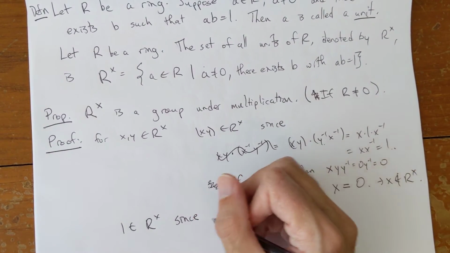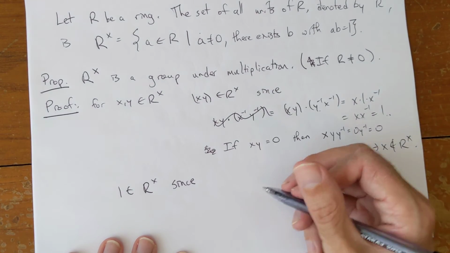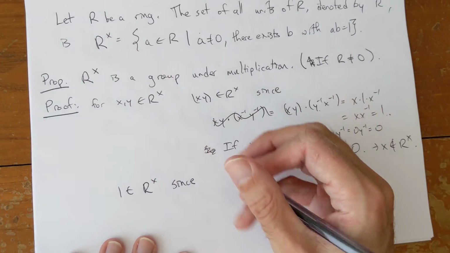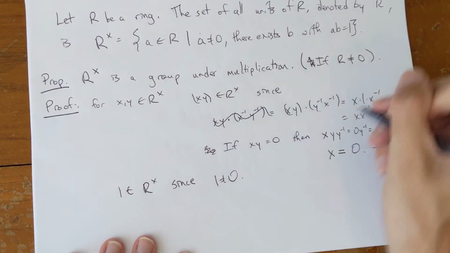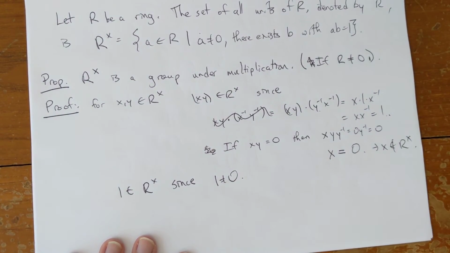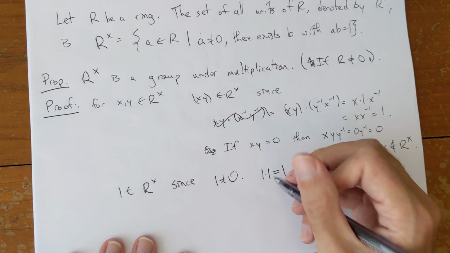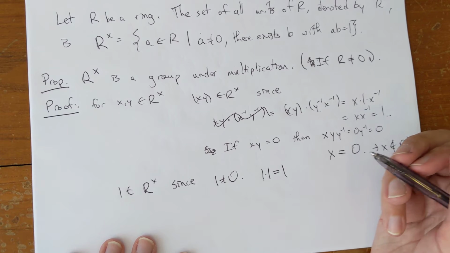Okay, and this is where I use that hypothesis, which is why I had to go back and add it. Sorry about that. But 1 is a unit since 1 is not equal to 0. And 1 times 1 equals 1. In other words, 1 has an inverse, right?